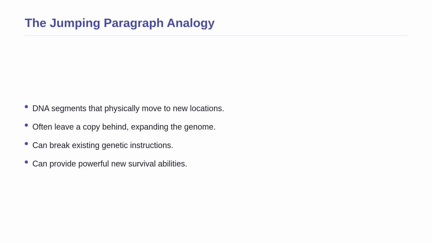To start, imagine you are reading a massive, heavy textbook. Suddenly, a whole paragraph physically lifts itself off the page and glues itself into a completely different chapter. Not only does it move, but sometimes it leaves a copy of itself behind, meaning the book keeps getting longer and more chaotic.